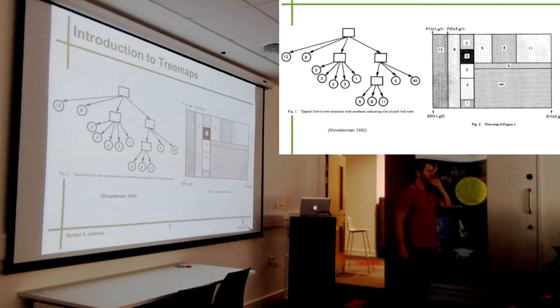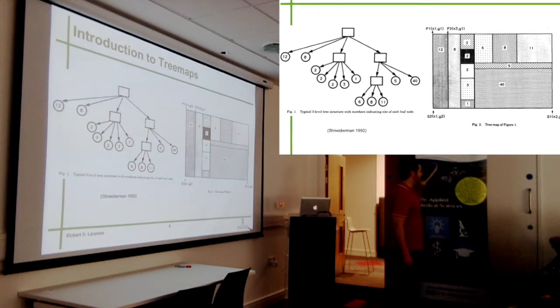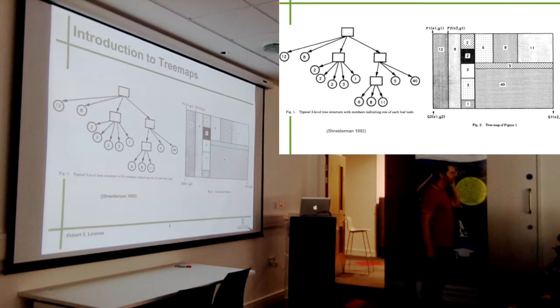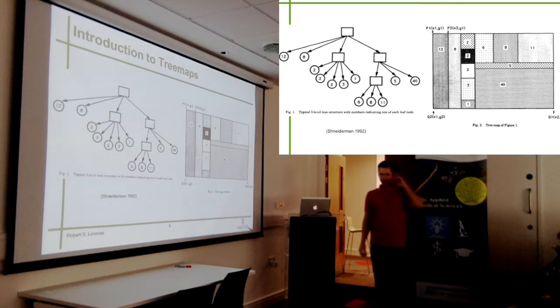Can anybody think of a more common hierarchical data that you're confronted with daily? What about biological taxonomy? Like animals. Yes, a taxonomy is a great example. Ontology. An ontology, yes.